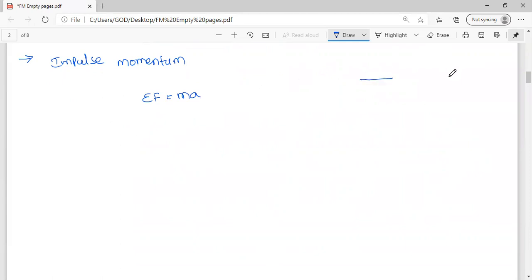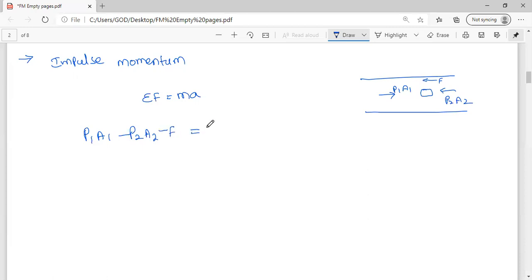So if you observe in your pipe, what are the forces acting? This P1A1 force is acting, and this side P2A2 force is acting, and some frictional force also acting here. So I can write sum of the forces as P1A1 minus P2A2, because this direction is positive, this direction negative, minus frictional force F is equals to mass into acceleration, which is 0.